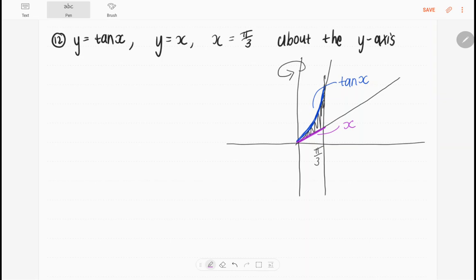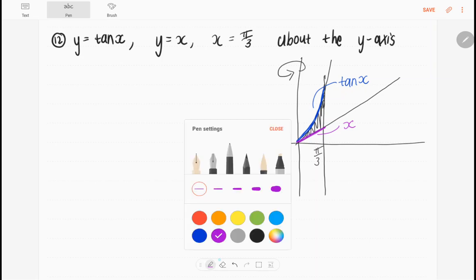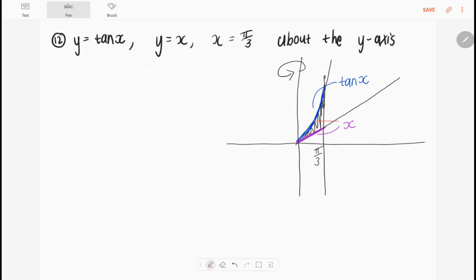We are rotating about the y-axis, so I'm going to use the shells method here. In other words, I'm going to create cylindrical shells, infinitely many of them, and add all of them together. So one shell will look something like this.